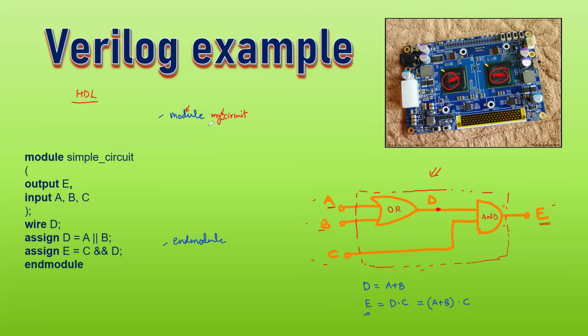So you can choose any name like that. When you are done with that, the next task is to define your inputs and outputs of your circuit between the parentheses. And after the parentheses, you end with a semicolon.